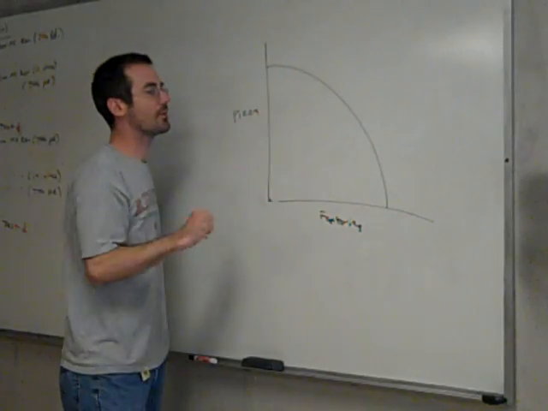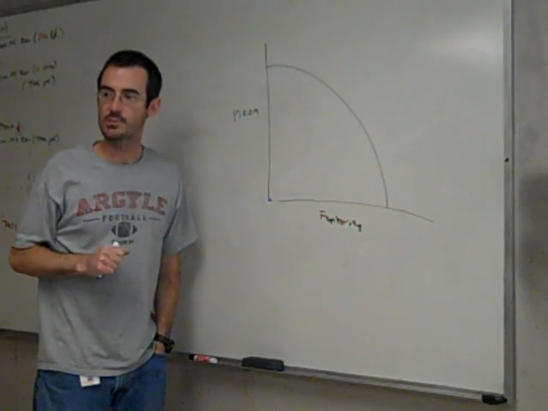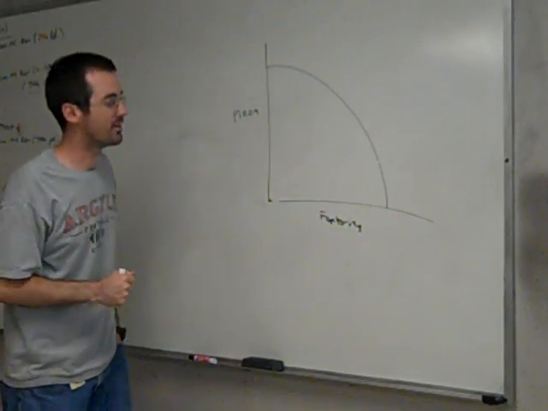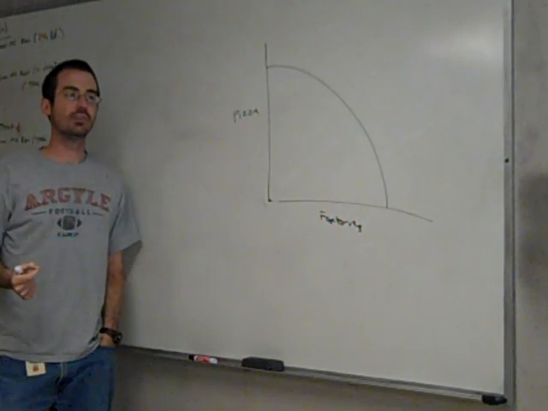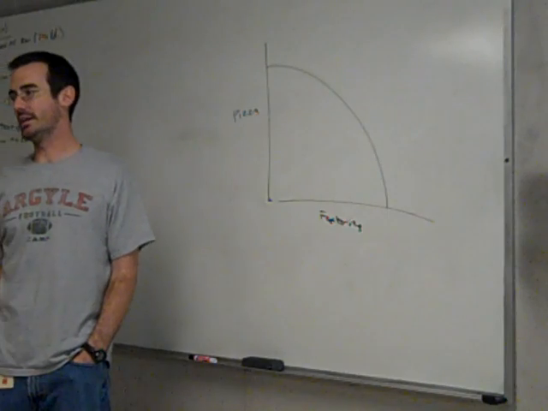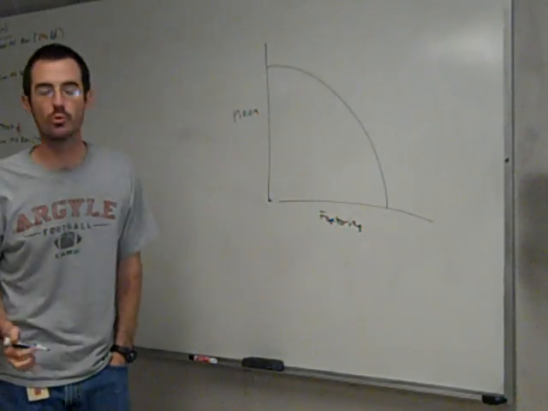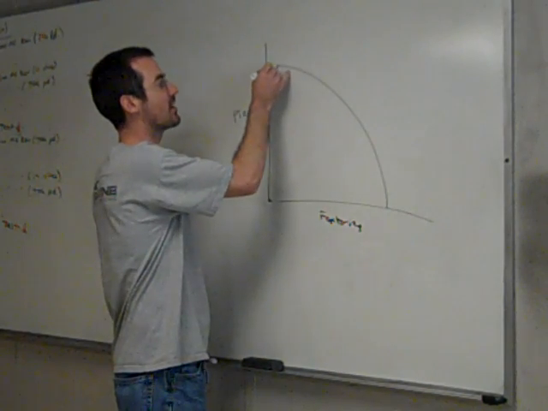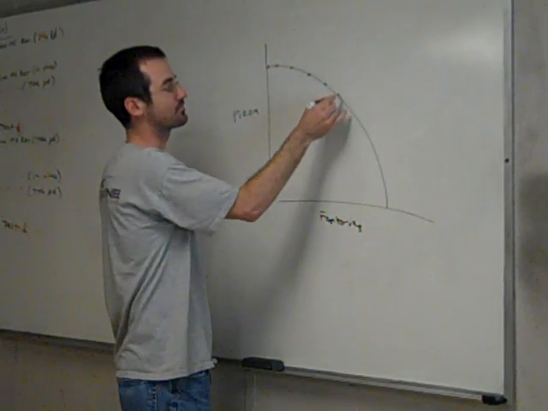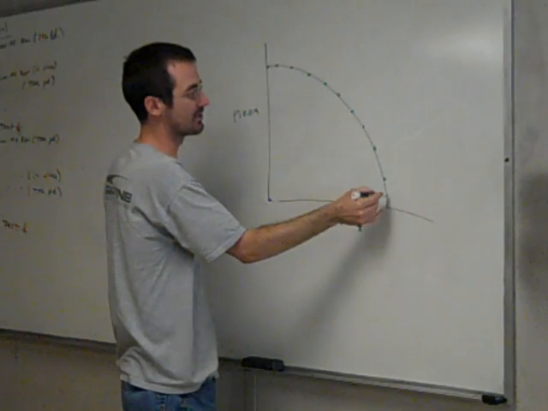The PPC, remember, is a model, a picture of, if you are employing all your resources in the best possible way, the most efficient possible way, how much could you have? And you could have any of these combinations if you're doing the best. Any point on this curve is a possibility.